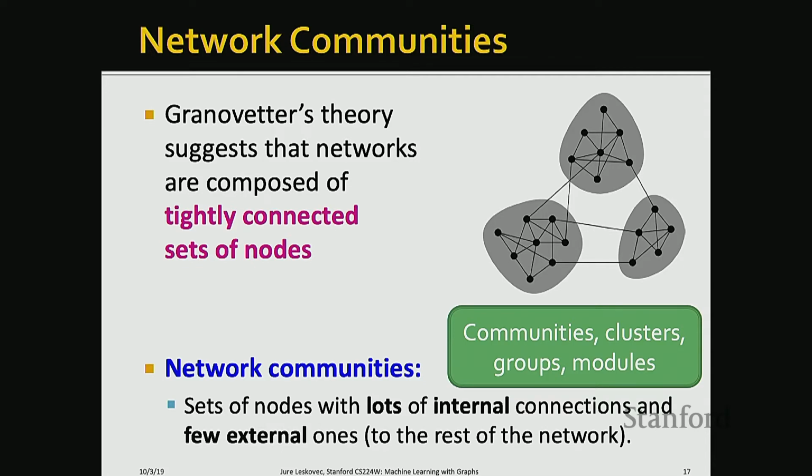When I say communities, you can think of them as clusters, groups, modules. I'll be using these terms interchangeably. And for all of them, our main intuition will be that I want to identify a set of nodes that has a lot of internal connectivity, a lot of edges inside the set, and few edges pointing outside the set, right? And this is what we'll try to formulate now mathematically.